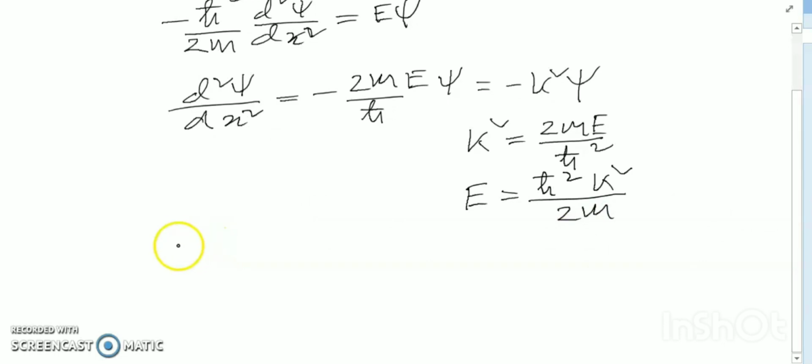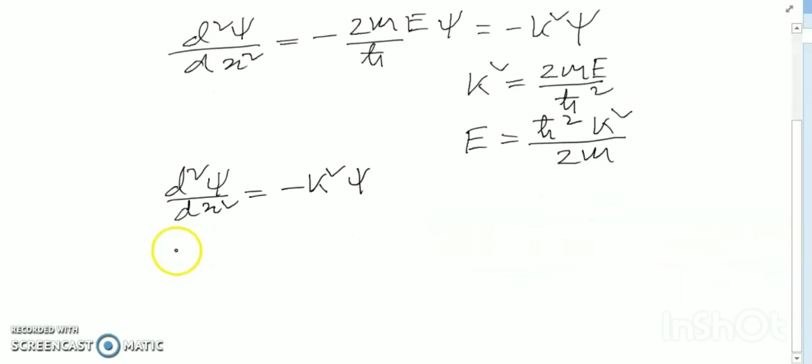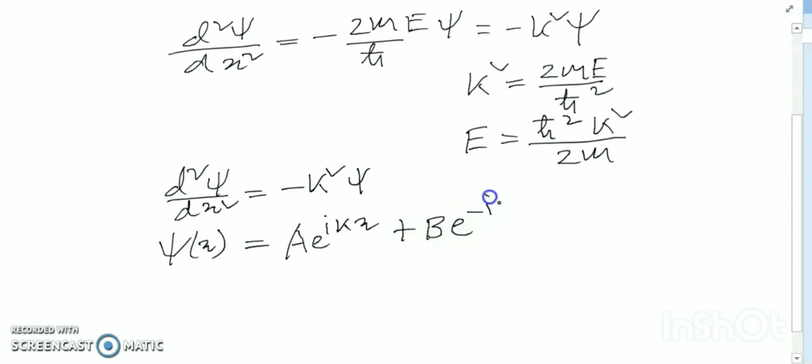Then I can write d square psi divided by dx square is equal to minus k square psi. So psi of x is equal to a e to the power ikx plus b e to the power minus ikx.